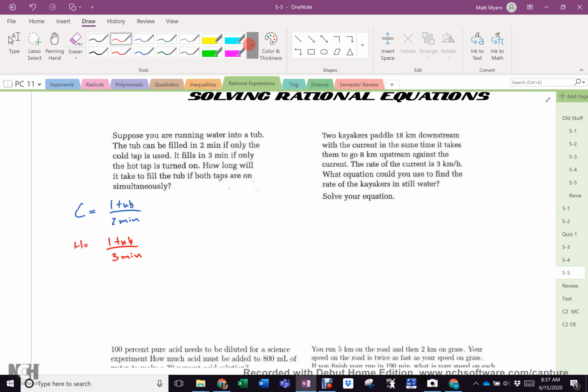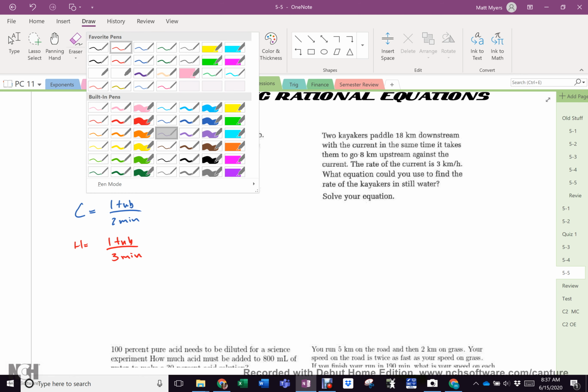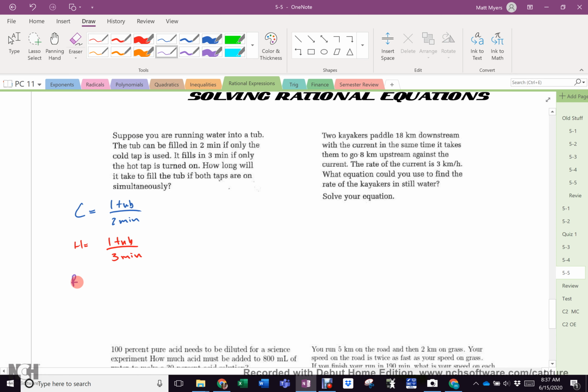I want to know, and I'll use purple because red and blue makes purple, how long to fill with both. Well, that's going to fill one tub in I don't know how many minutes. So 1/2 plus 1/3 equals 1 over t. So our common denominator is 6.